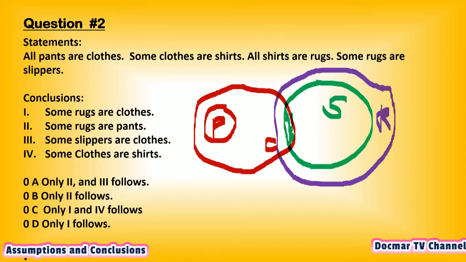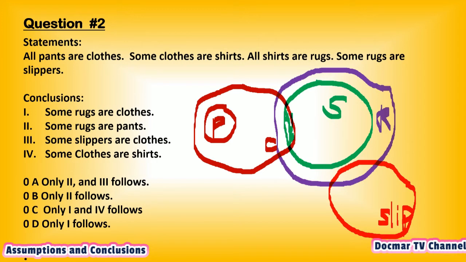And some rugs are slippers. So another circle for rugs. Some rugs are slippers. So this is slippers. See? You can easily identify the relationship between these statements.